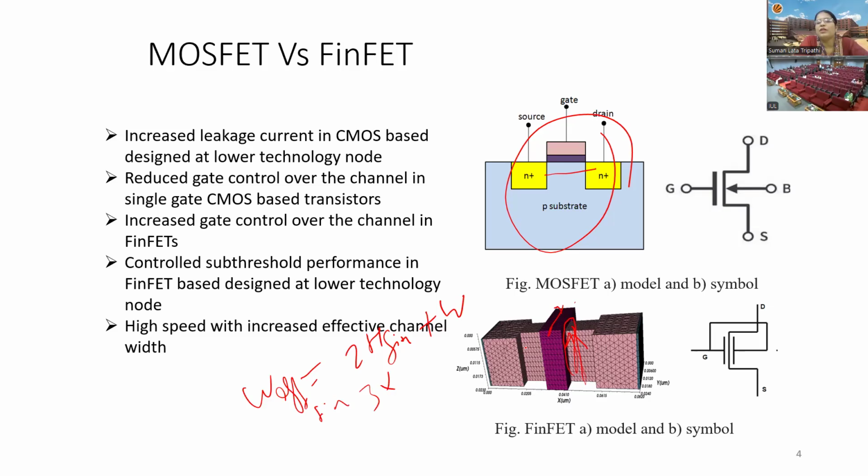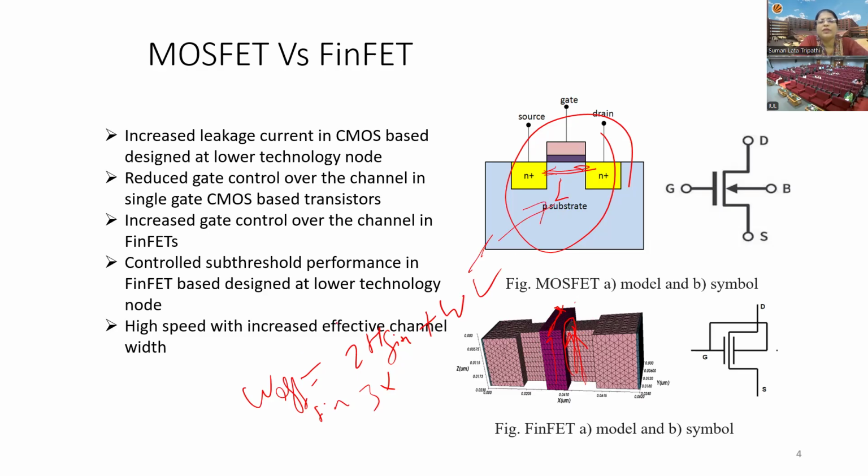This way, even with the same dimension, we can increase the number of gates, and by that we can increase the conducting length. Here there is length L only, but here the length is the top length plus the two side lengths. So the total length is increased in comparison to the single gate MOSFET.